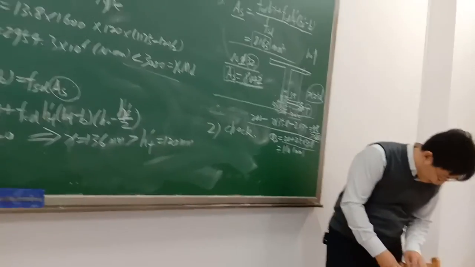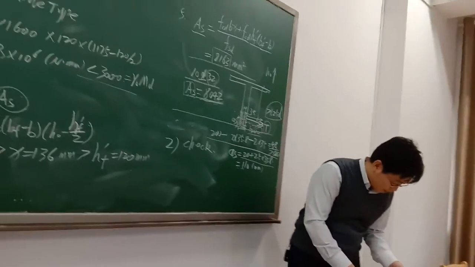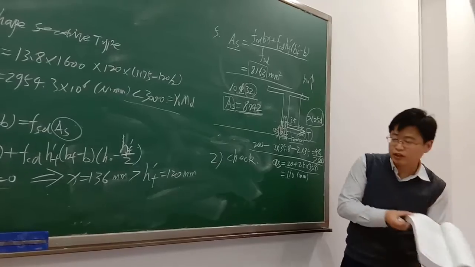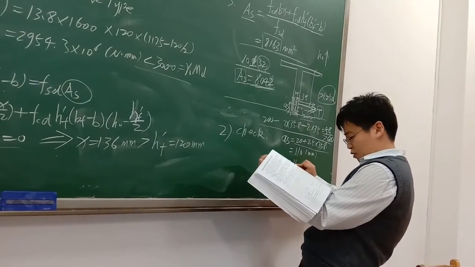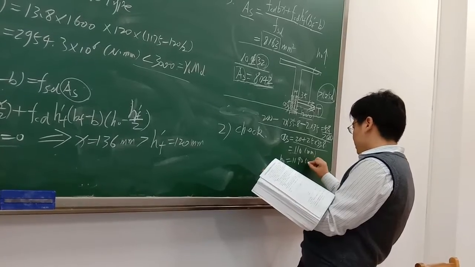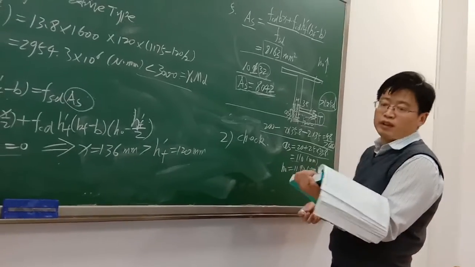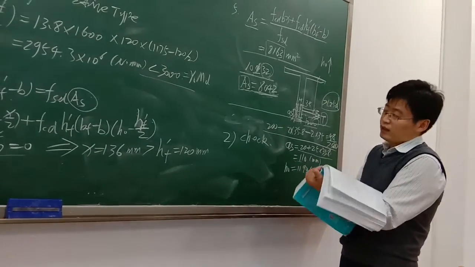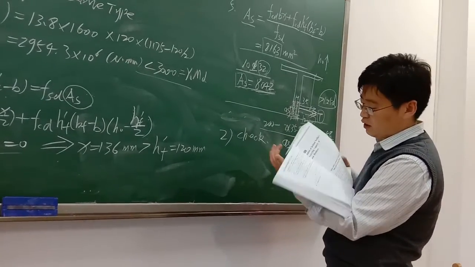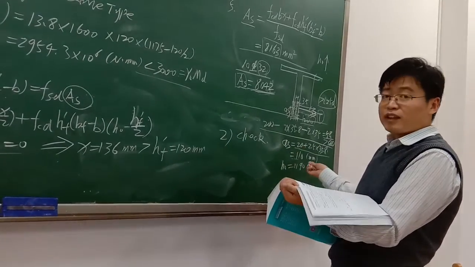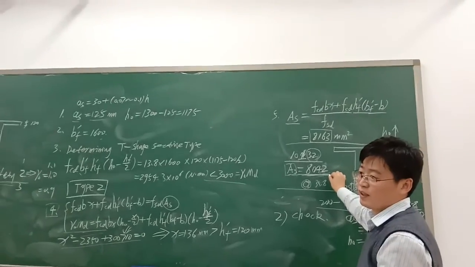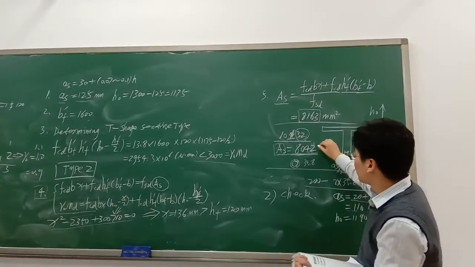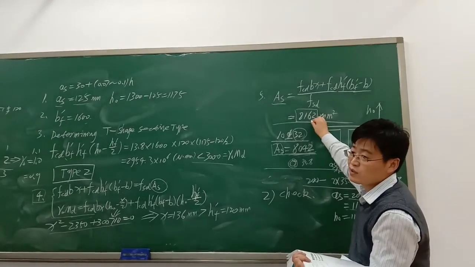So now we got the AS. From the AS, we got H0 equal to 1190 millimeter. When we got H0, then we need to determine the T. Normally we should make this value a little bit larger than this value.